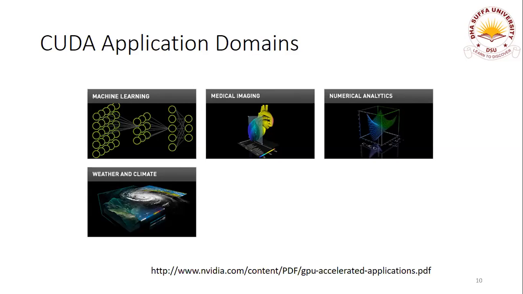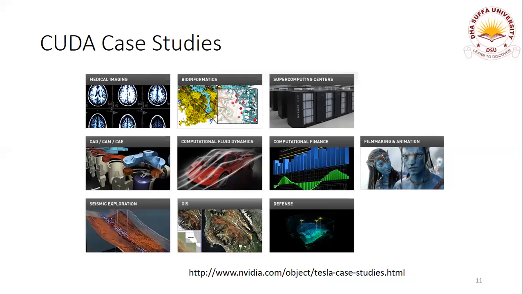And there are still much more, like we are facing this COVID, and NVIDIA is participating and playing its part in this situation also. We are going to see it again. CUDA case studies: these are a few case studies. It is used in medical imaging, bioinformatics, supercomputing centers, and then we have seismic exploration, GIS, defense, filmmaking and animation, computational finance, computational fluid dynamics, and CAD/CAM images, right?